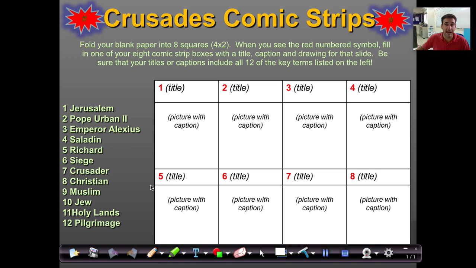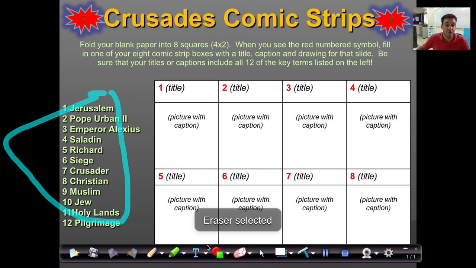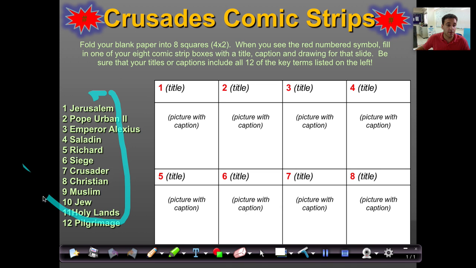These vocabulary words right here, you will use in your slides. You will use all of these in your slides, so you need to have all of these crossed off before the end of this PowerPoint. If you're not ready, pause it.